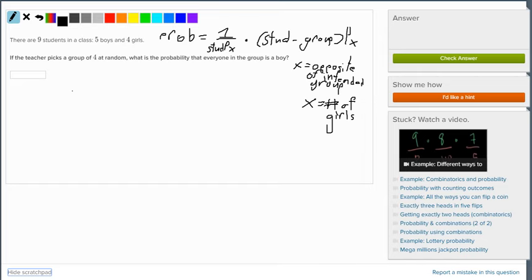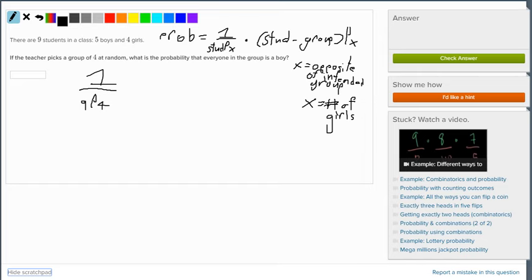So, in this equation, we have 1 over the permutations of 9 students, and the opposite of the intended group is the girls, so 9 students taken 4 at a time.